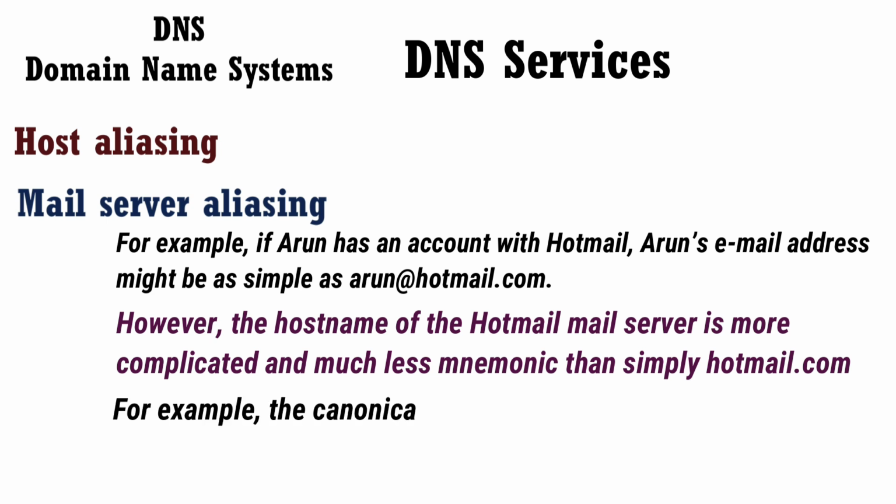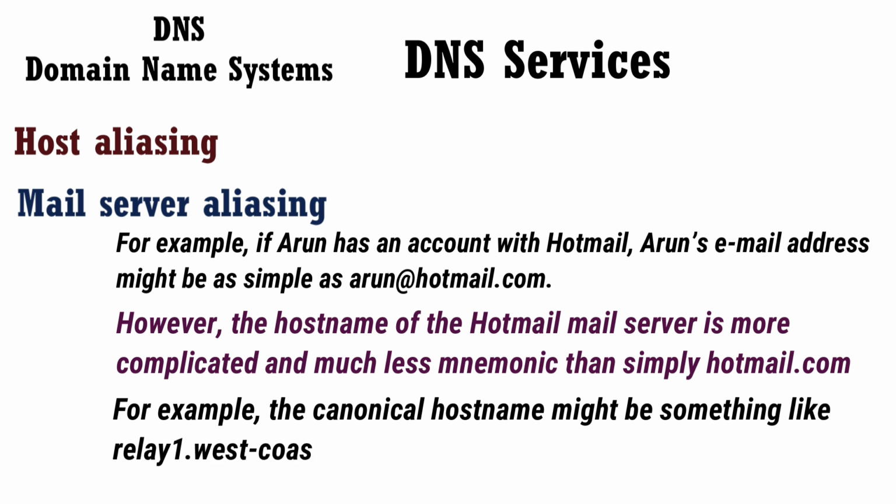For example, the canonical host name might be something like relay1.westcoast.hotmail.com. So DNS can be invoked by a mail application to obtain the canonical host name for a supplied alias host name as well as the IP address of the host. So this is mail server aliasing.